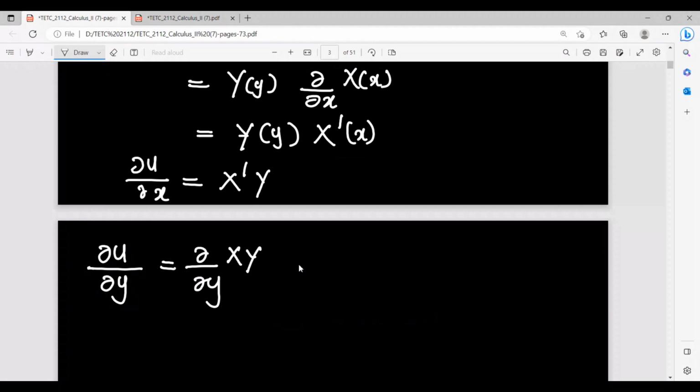So we can bring this out. X times ∂/∂y of capital Y. Since this Y is a function of variable y only, we can consider it as the derivative. So the answer is, what is the answer? X, Y dash. Have you all obtained this by yourself?